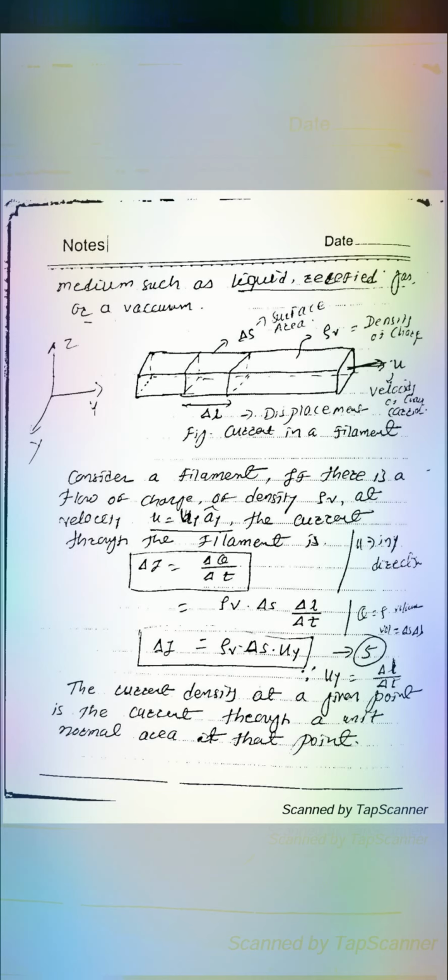Therefore, we know that delta S and delta L represent a volume. In the next step, delta I is equal to rho v delta S into u suffix y, equation 5. What is meant by u suffix y? It means the charges flow in the y direction.